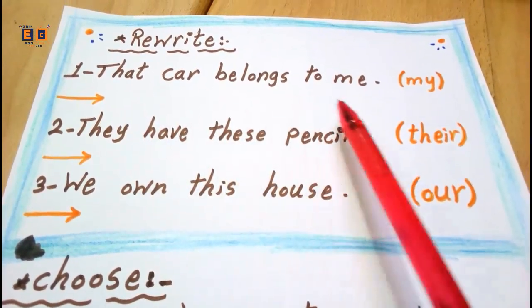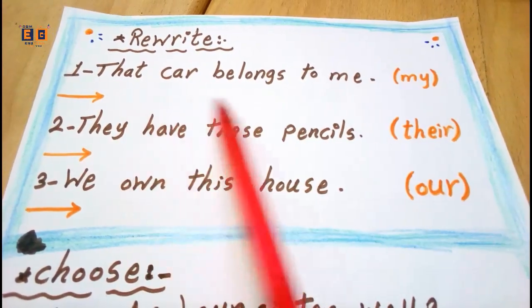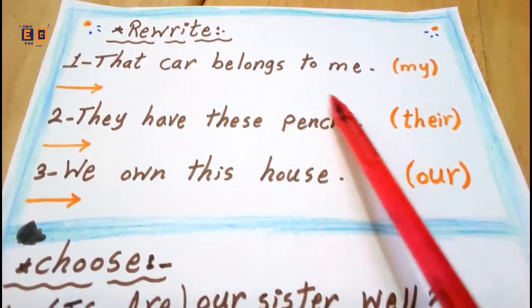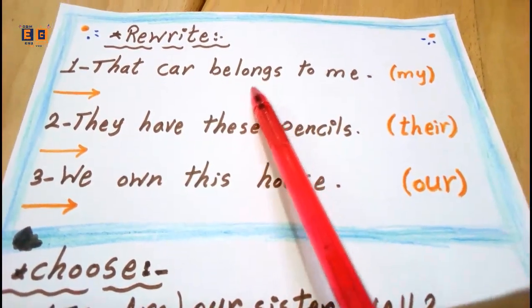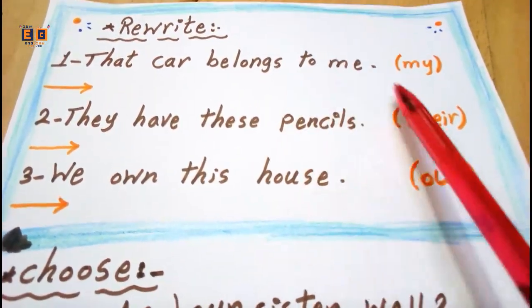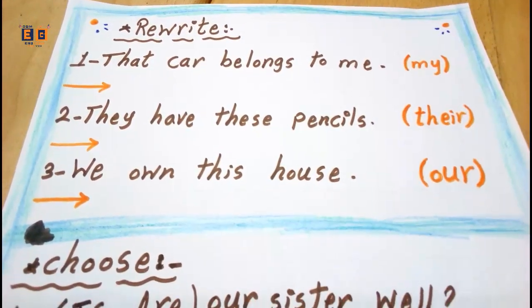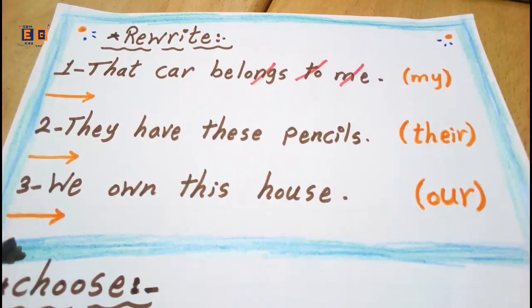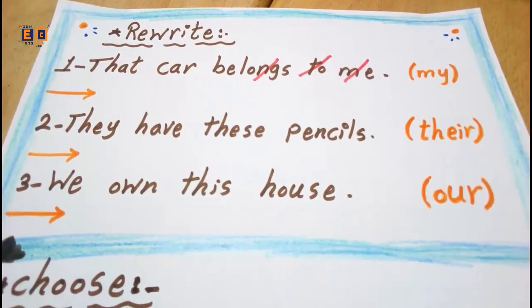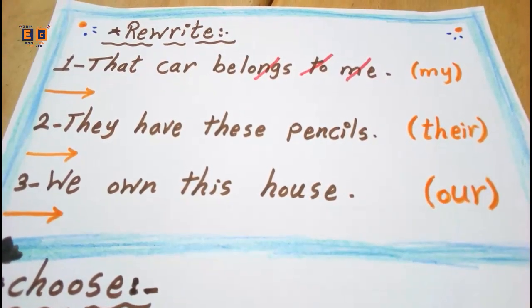So here in number 1, which word refers to the ownership? Of course, it is belongs to me. So before we answer anything, we remove belongs to me, and then we start our sentence with that.